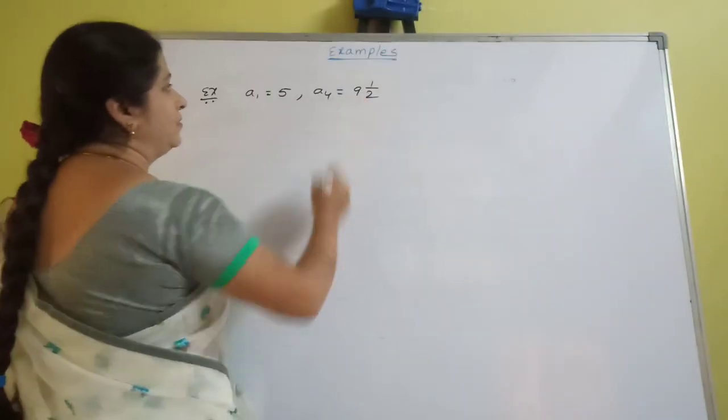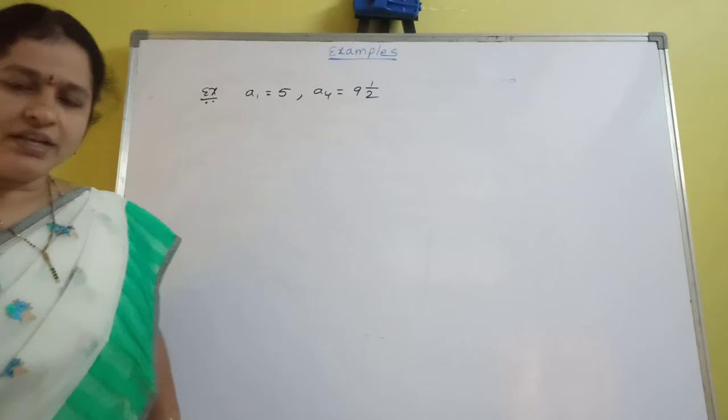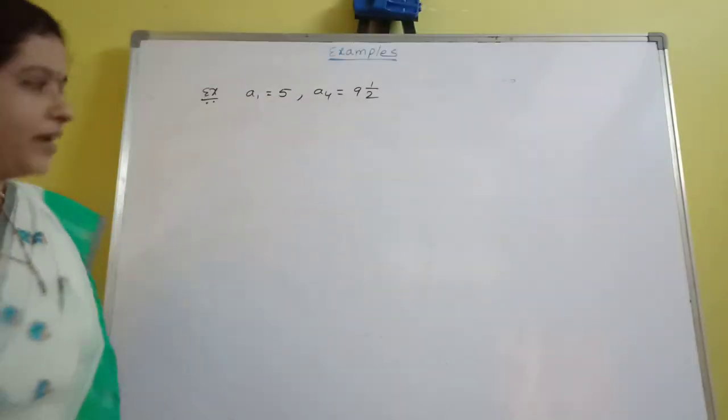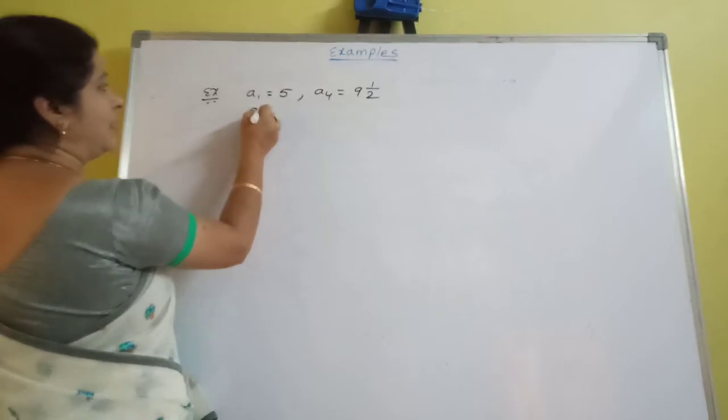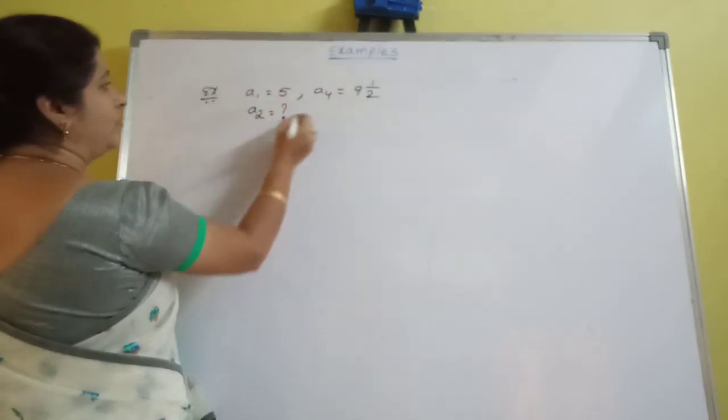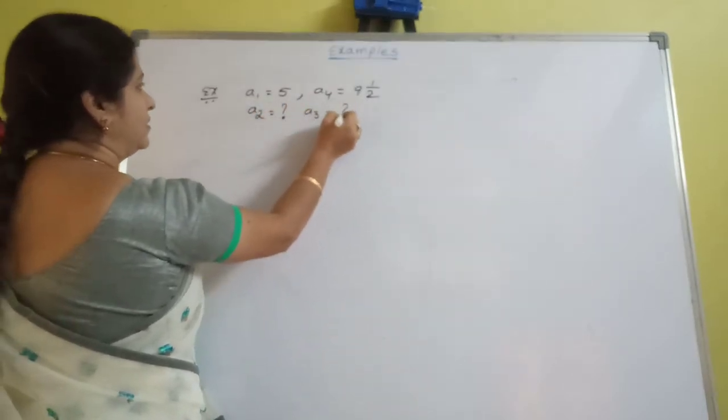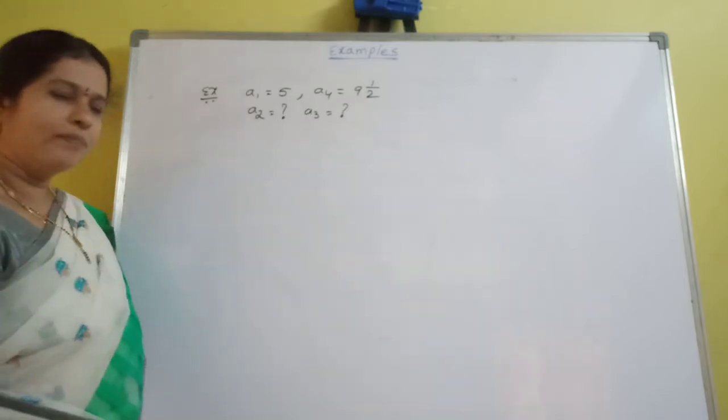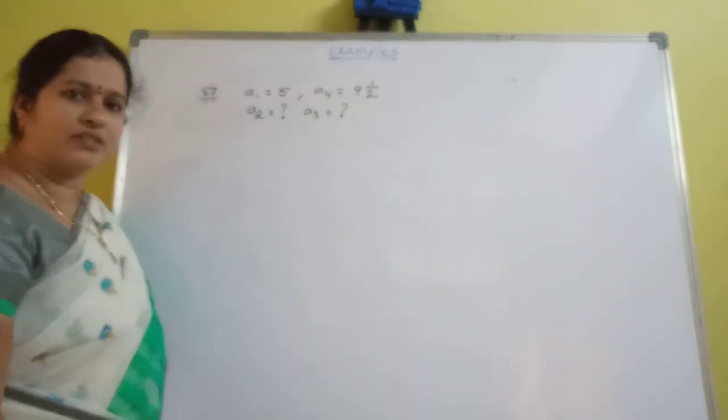Find the values of A2 and A3. A1 is already given, A2 value and A3 value. This is another model. So many models are there in these progressions.